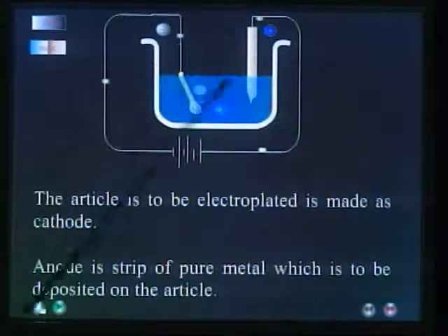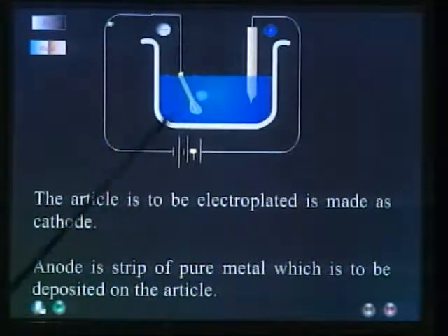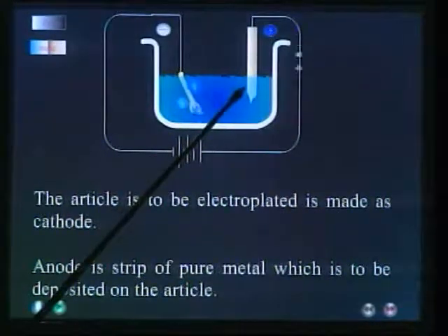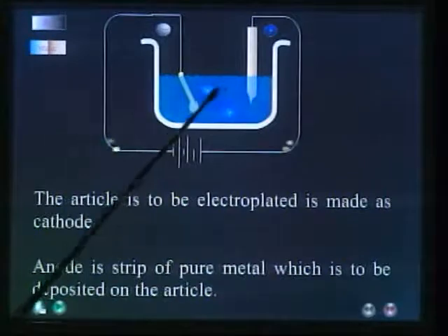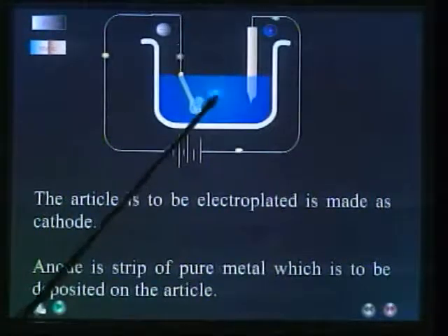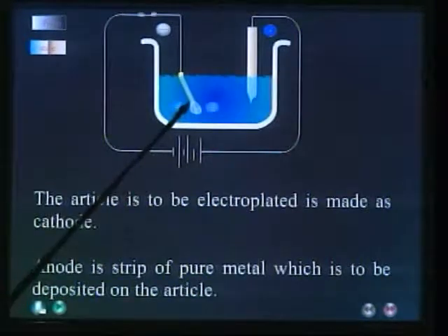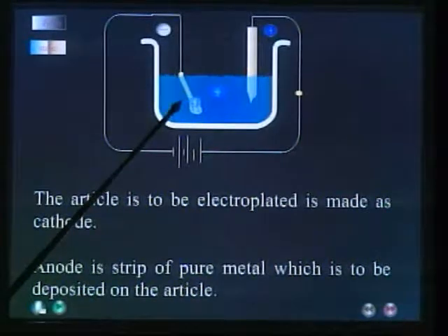When the two electrodes are connected to a high voltage battery, the anode undergoes oxidation and gives ions. As more and more ions are formed, they come towards the cathode, that is the article, and the ions get deposited as metal on the spoon.